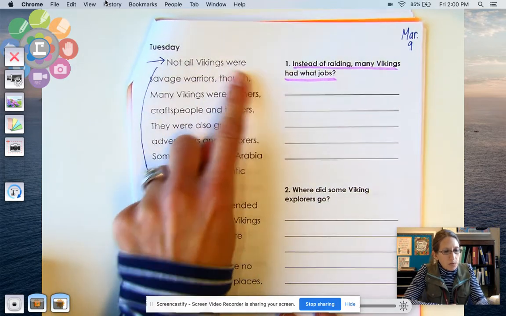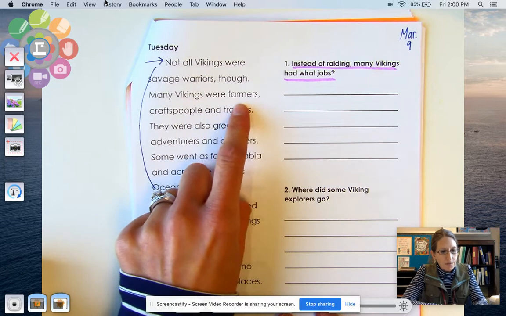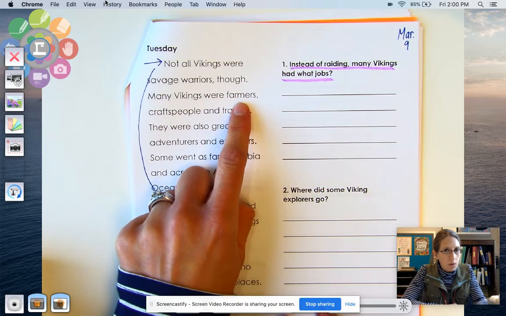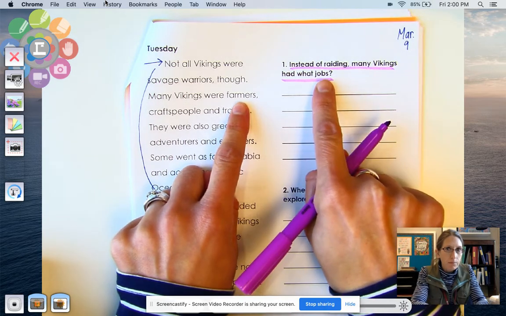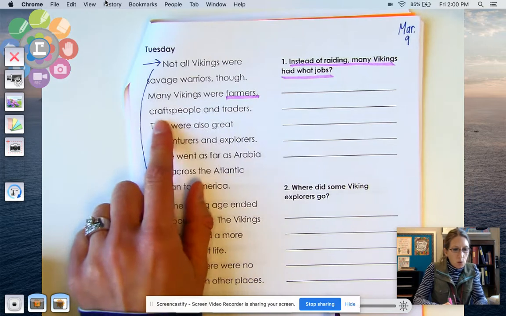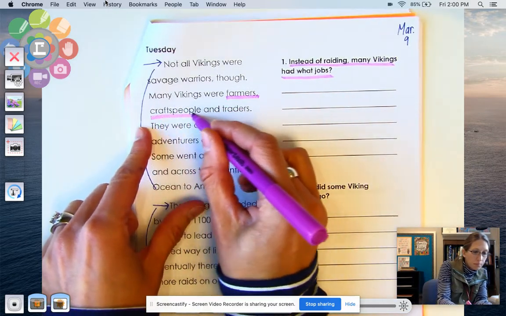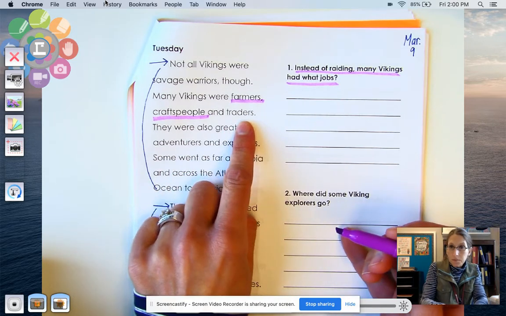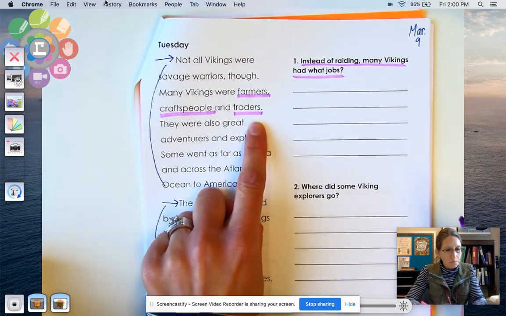Not all Vikings were savage warriors, though. Many Vikings were farmers. Is that a job? Yeah. Craftspeople and traders. So they had some other kinds of jobs, didn't they?